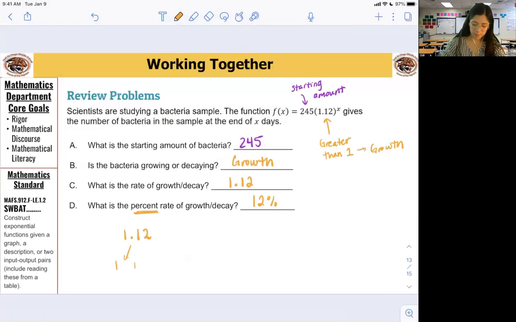So this is 1 plus 0.12, and 0.12 as a percentage is 12%. Questions on this one? Not too bad. When you have all the information in front of you, it's pretty easy to pick everything out. We're just going to do one more.